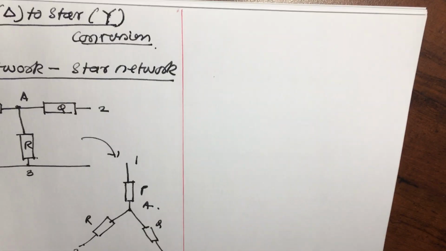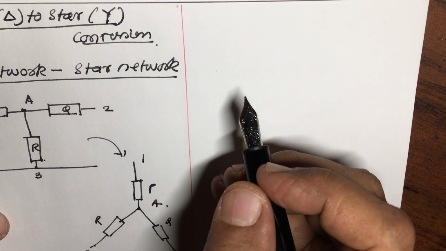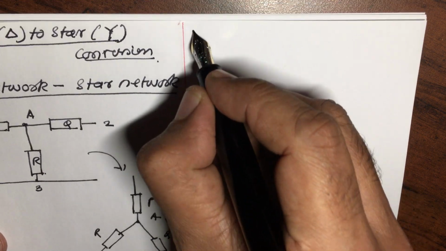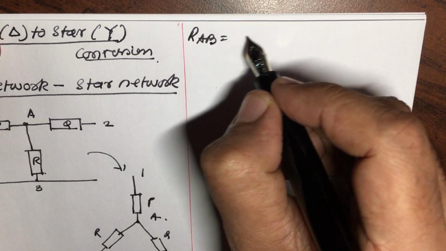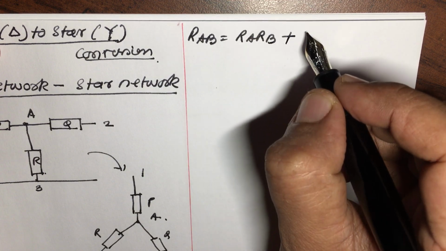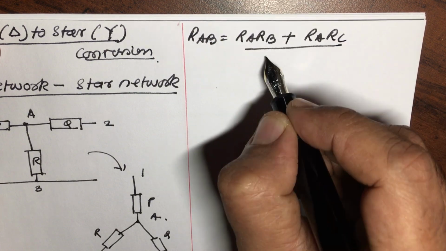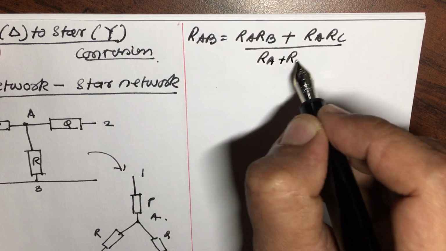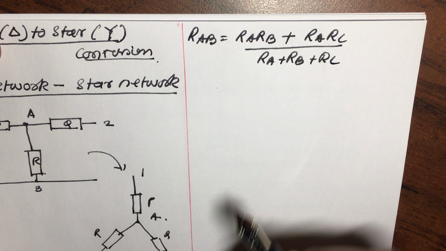So if you simplify that, you will get RAB as RA RB plus RA RC upon RA plus RB plus RC. Similarly, now you know what the mathematics is.